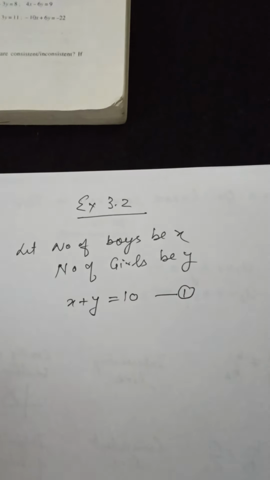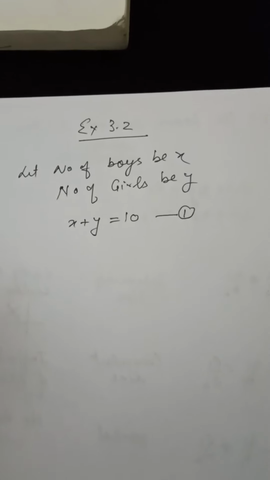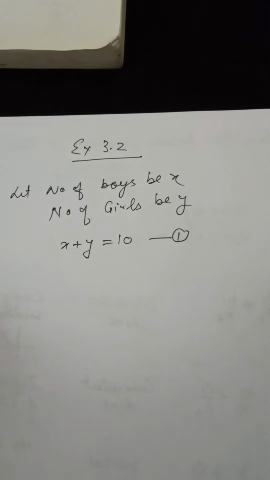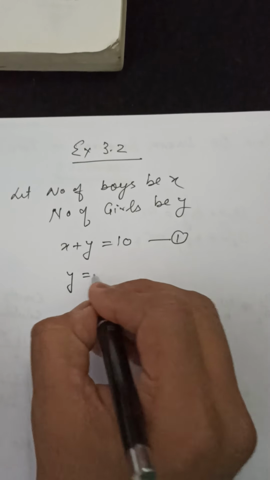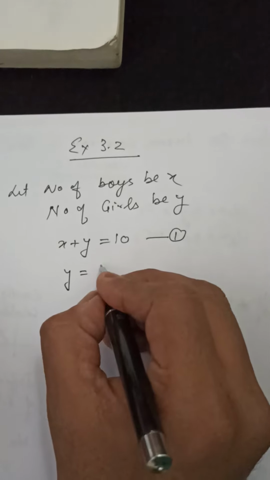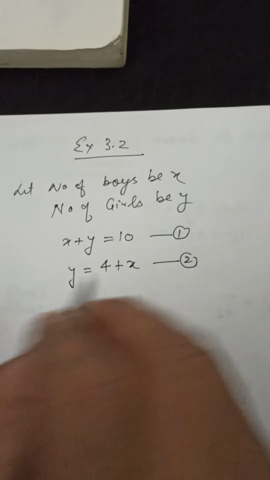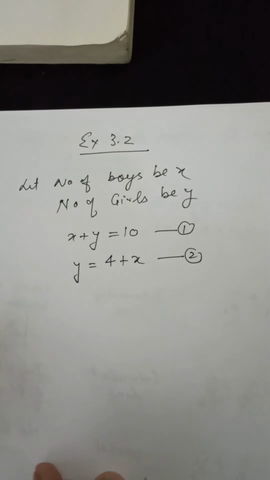This is our first equation. The second condition says number of girls is 4 more than the number of boys. So number of girls is equal to 4 plus x. This is our second equation. Now we solve these two equations graphically.